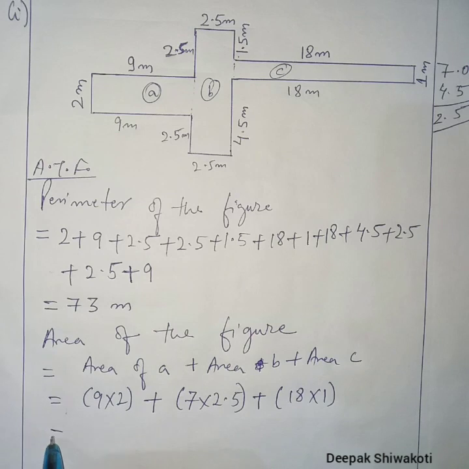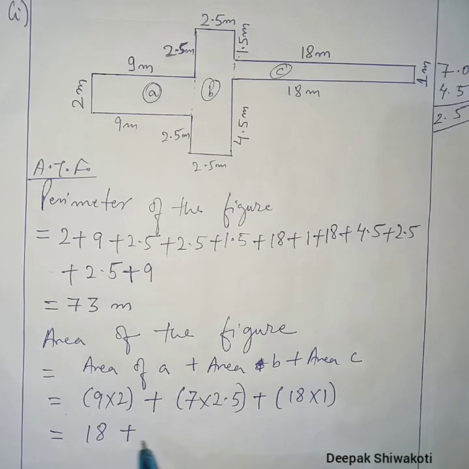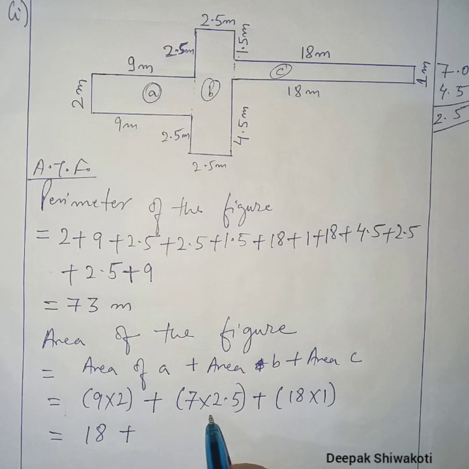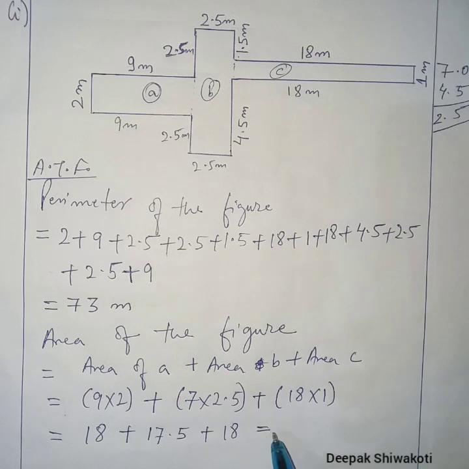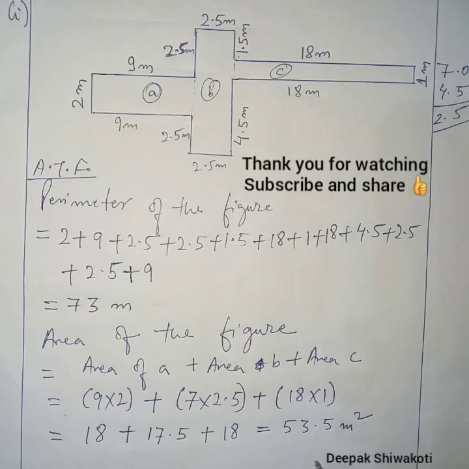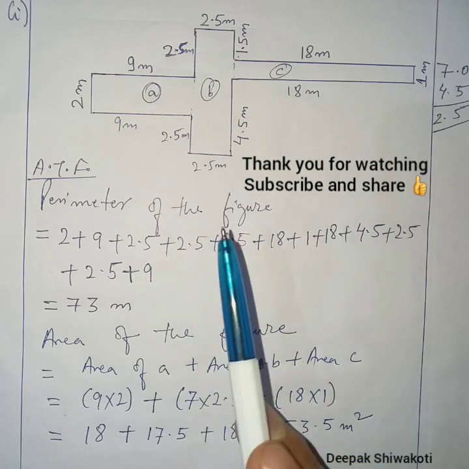So when you multiply this, you will get 18, and here you will get 7 into 2.5, that is 17.5, plus 18. Now when you add this, you will get the area of the given figure, that is 53.5 meter square. The area of this figure is 53.5 meter square. The unit is meter square because lengths are given in meter here.